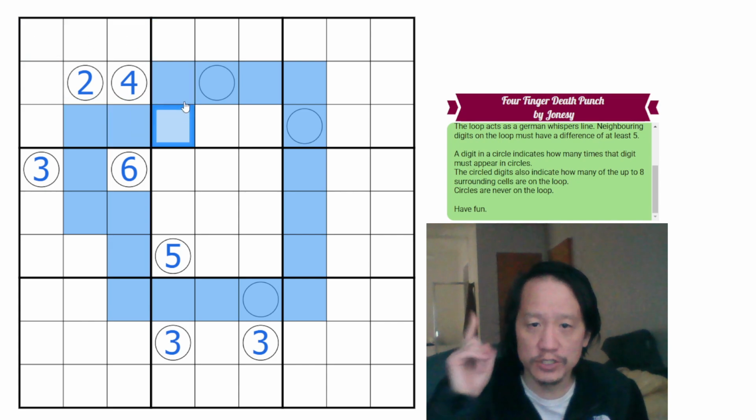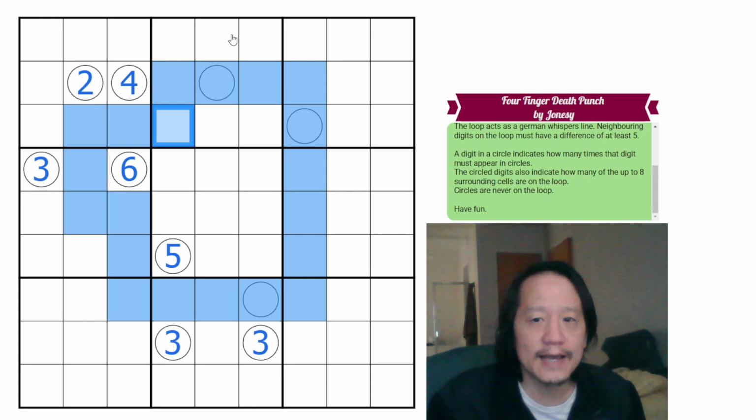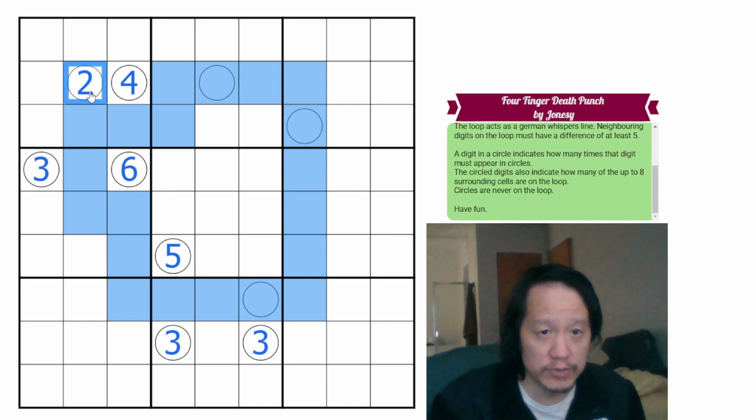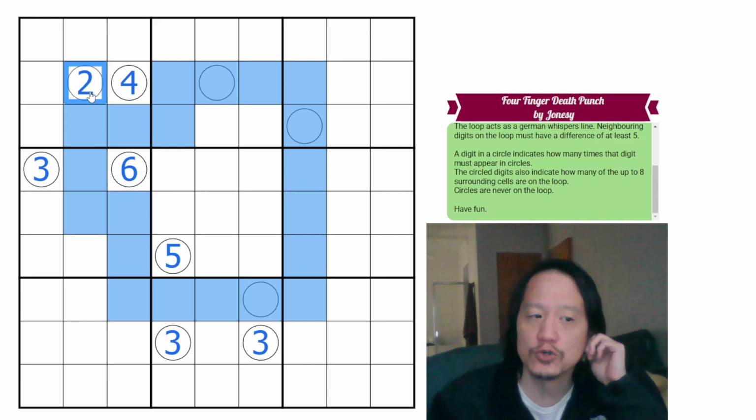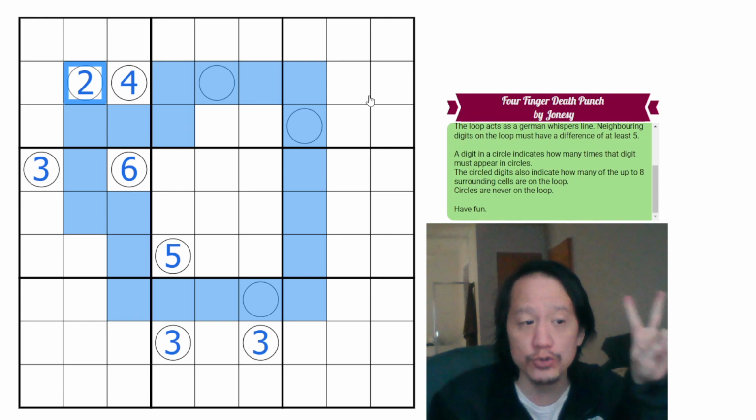In addition to that, the digit in the circle indicates how many times that digit must appear in a circle. So if this was a 2 and it was valid, that means there has to be another 2 in another circle somewhere, right? Because there must be 2 2s in circles. Same for this.